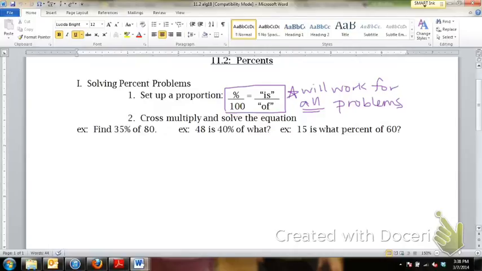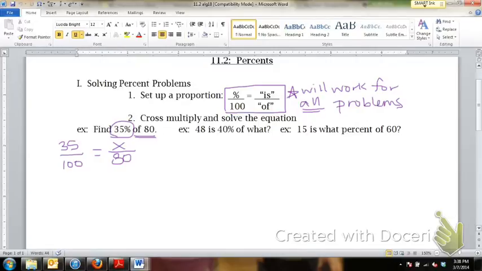Okay, so 35%, that's my percent, so that goes in the percent spot. That always goes over 100. Whatever number goes with the word is, which I don't have, but I do have the word of in here. So 80 is going to go in the of position, and whatever I'm missing, that's where I just put my x. So now, I don't really want to multiply 35 times 80.